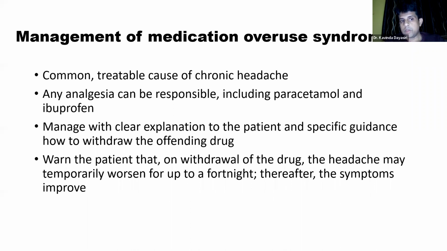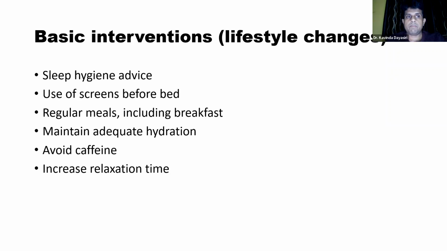So we have to give the patient a clear explanation, and also formulate a guide as to how we can withdraw the offending medication. When you stop taking that medication over a couple of weeks, the child might experience an increased intensity of the headache, but with time, the child is likely to improve if the diagnosis is medication overuse syndrome. So that's a very important part in the management of chronic headache in general, of those who are dependent on pain relief medication.